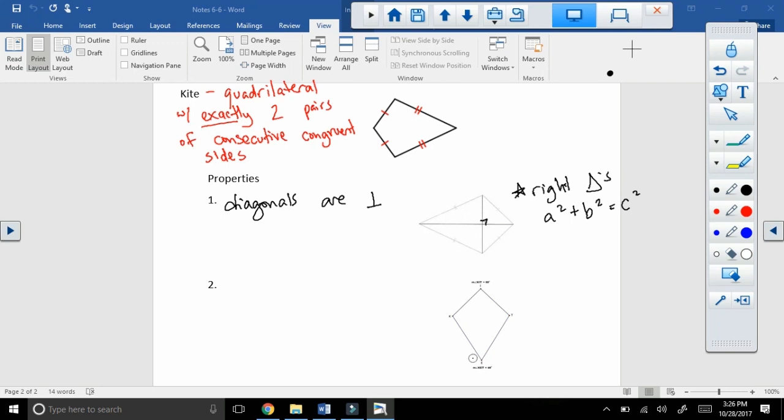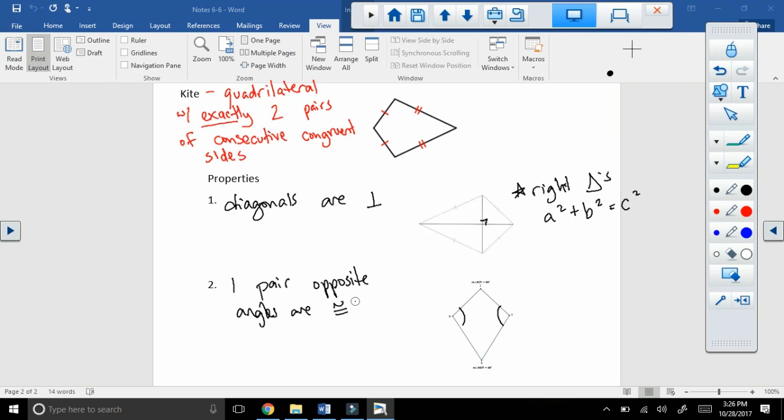Another thing that happens is when you have a kite, you have exactly 1 pair of congruent opposite angles. So 1 pair of opposite angles are congruent.